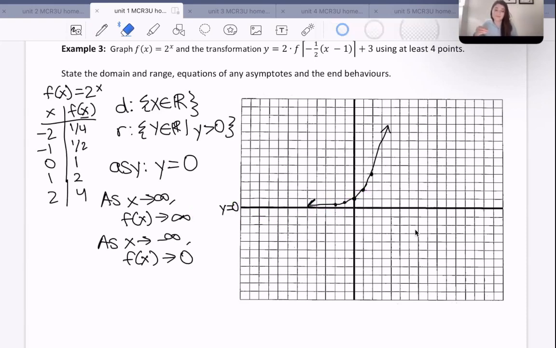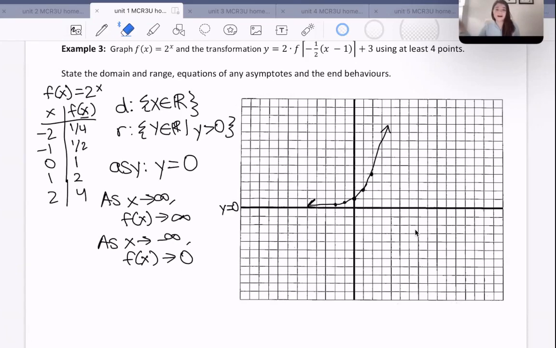The further negative we put the x value, the closer to 0 it is, and the higher we make our x value, the higher the y value gets, in fact at an even faster rate than x does. We move x up 1, and f of x doubles from the previous value, which is much more powerful than just adding 1. So that's the answer for our parent function.